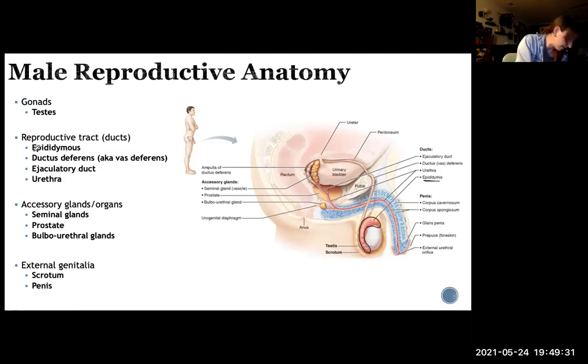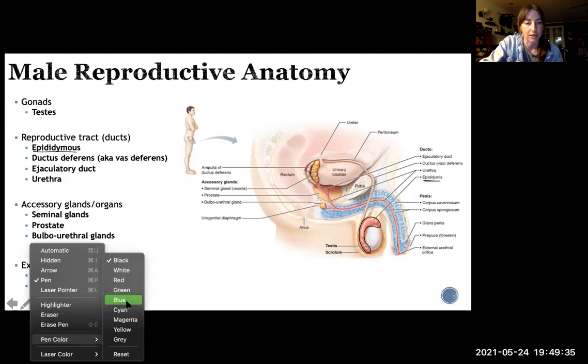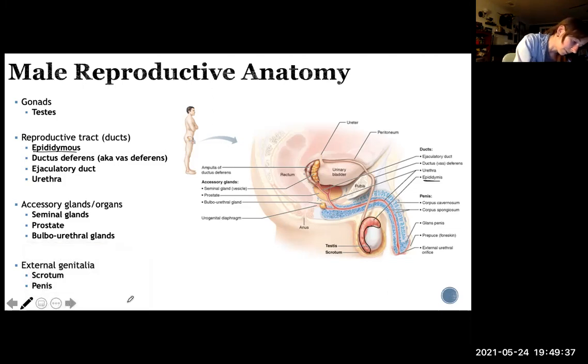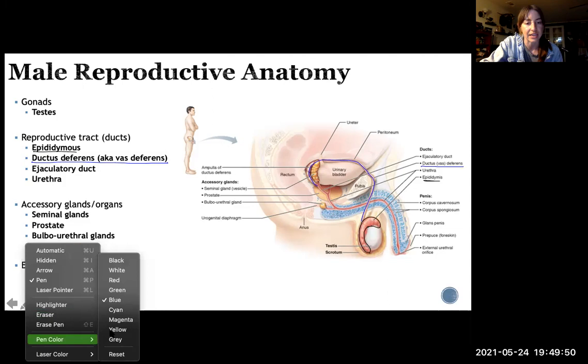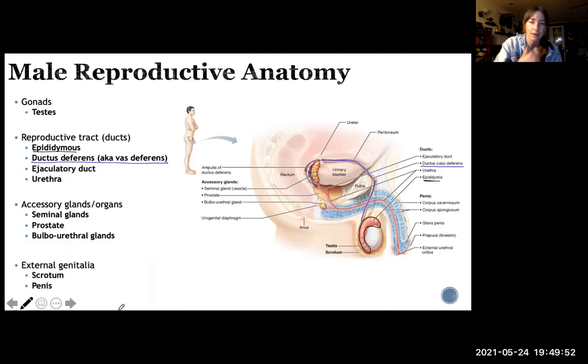We have the vas deferens, which is going to be this tube going all the way up to here. The ejaculatory duct, which basically is where the vas deferens meets with the seminal gland or the seminal vesicle to about there.